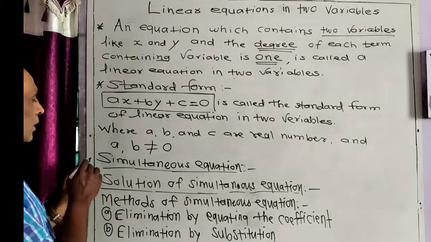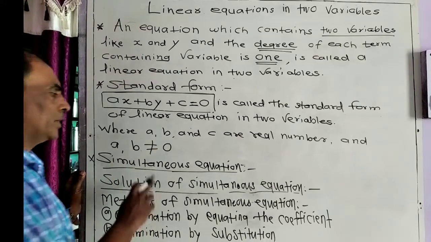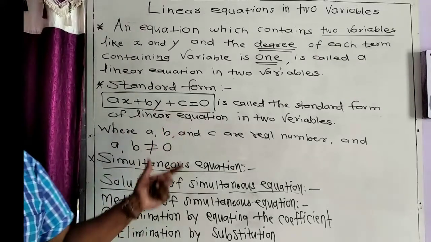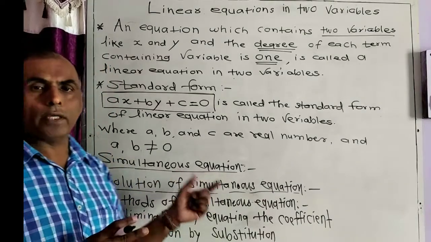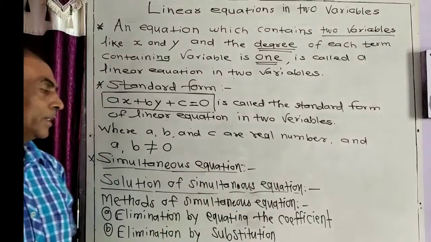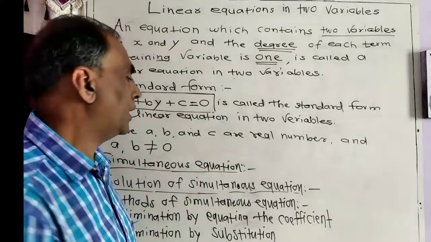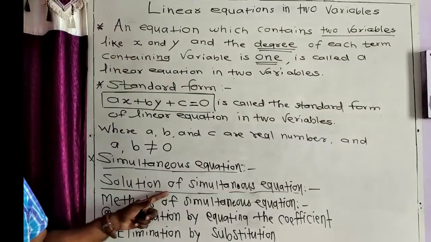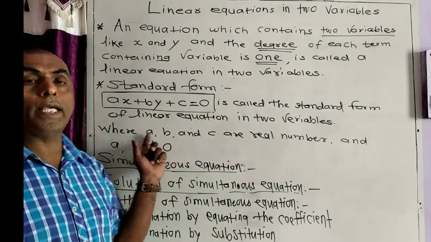So these are the conditions for the standard form of linear equations in two variables. Then last year we also saw what simultaneous equations are. We said that when two or more linear equations in two variables are considered together, that is, if you consider two equations at once, such equations are called simultaneous equations. We also saw the solution of simultaneous equations, meaning how to find the values of the variables x and y.